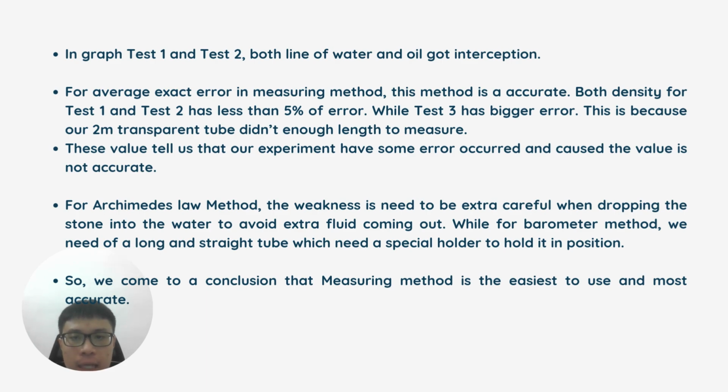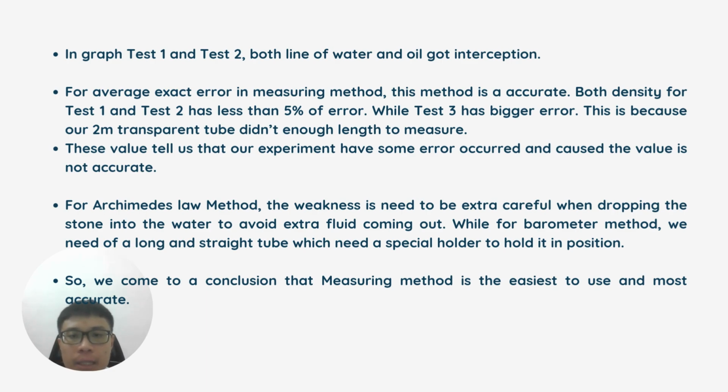For average exact error, the measuring method is accurate. Both densities for test 1 and test 2 have less than 5% error, while test 3 has a bigger error. This is because our 2-meter transparent tube was not long enough to measure. This value tells us that our experiment has some error and the value is not accurate.